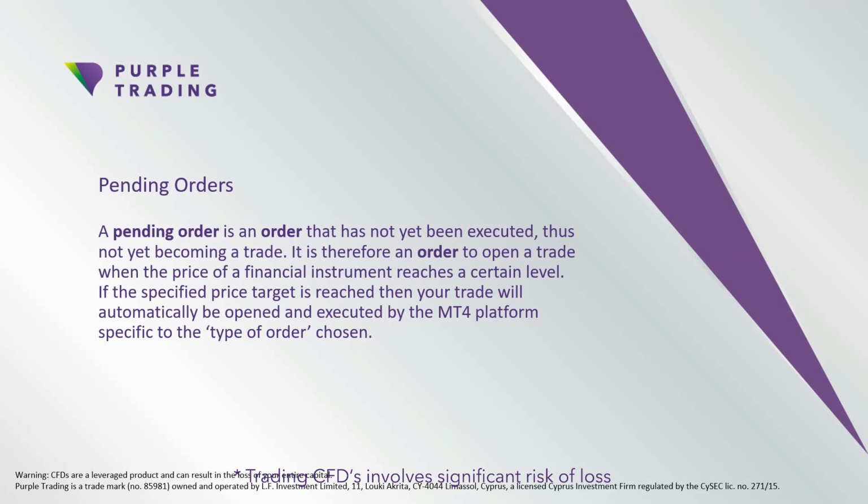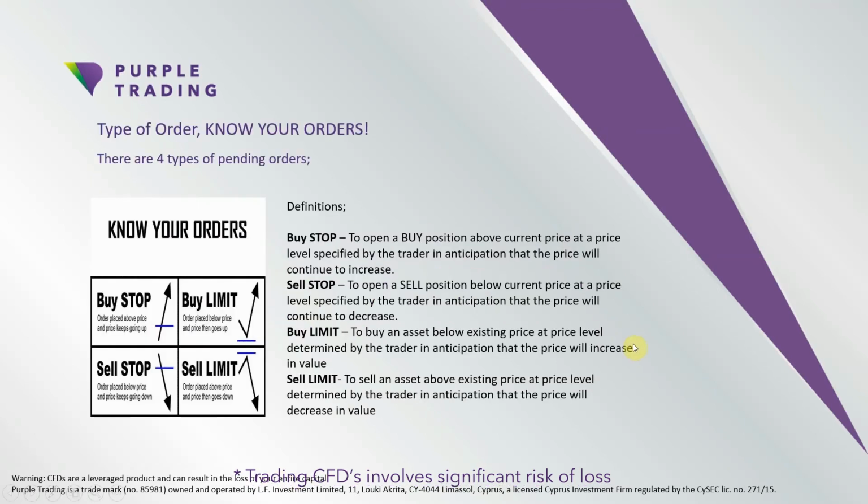So let's quickly look at these and then see how we apply them to the chart, or how to set up a pending order on the MT4 platform. So it's important to know your orders, and there are 4 types.